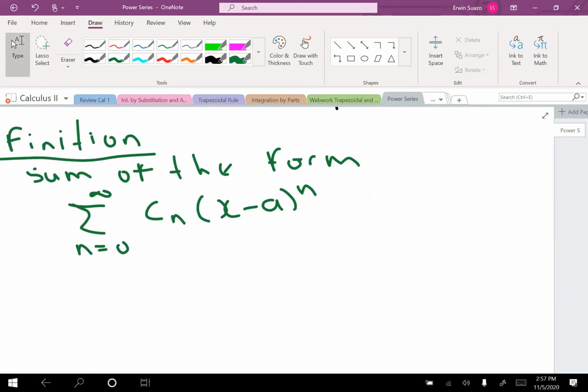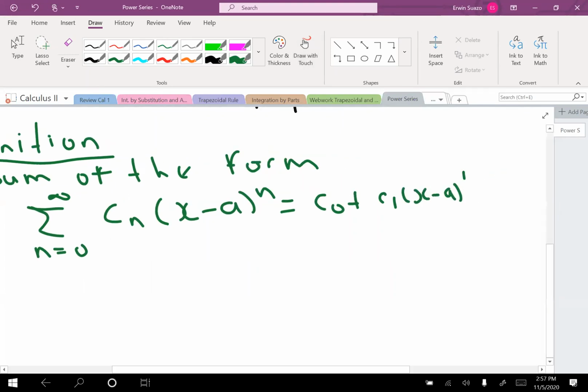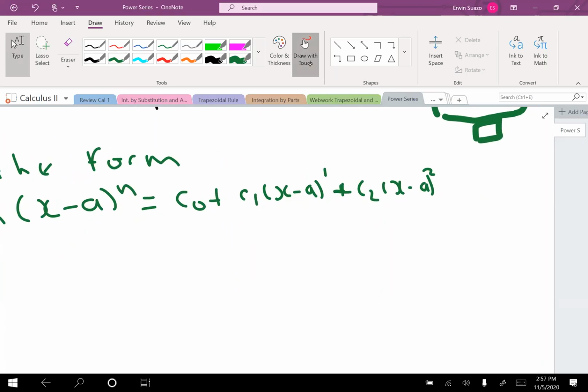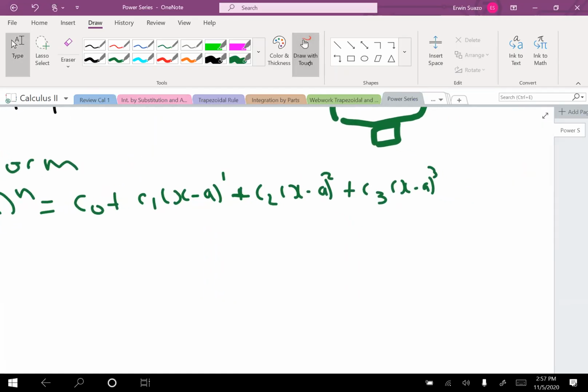So let me write some terms here. C0 plus C1 times x minus a to the 1 plus C2 times x minus a squared plus C3 times x minus a cubed, and so on.